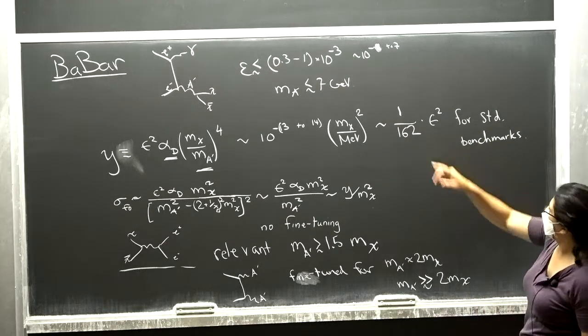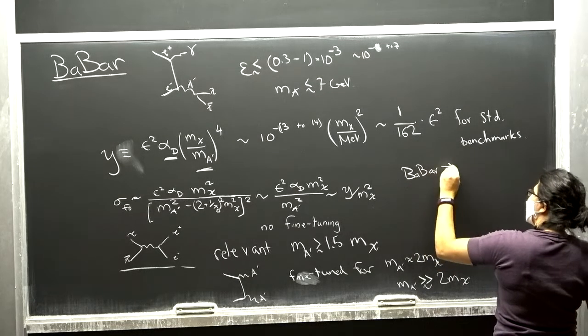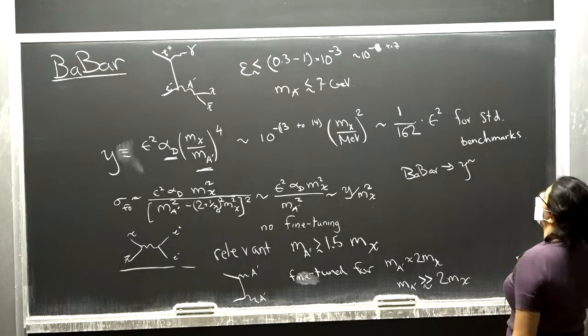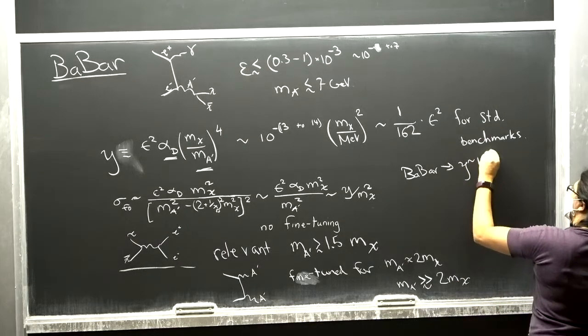And so what that tells us is that the bar maps to something like a y of 10 to the minus 8.